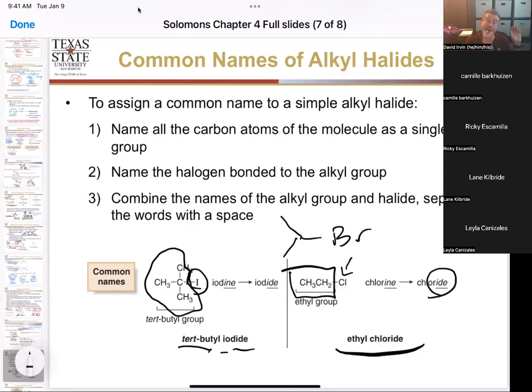So it's the alkyl group, space, whichever halogen you have, but you change the ine to ide. So you can have methyl iodide, ethyl iodide, tert-butyl iodide, sec-butyl iodide. Questions on that?